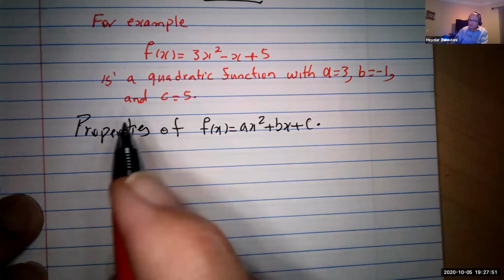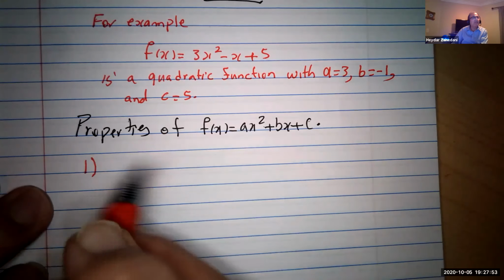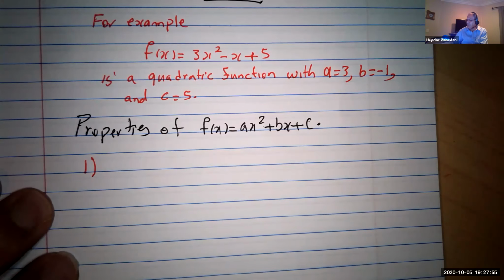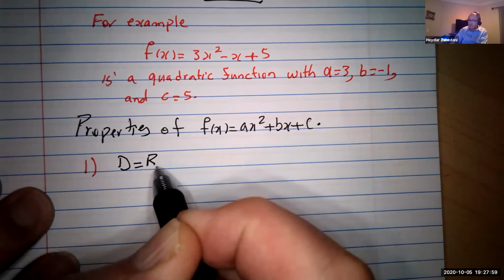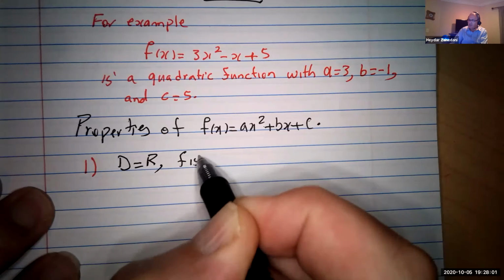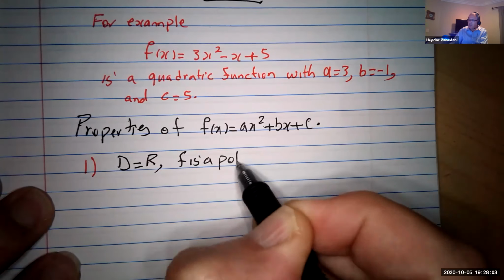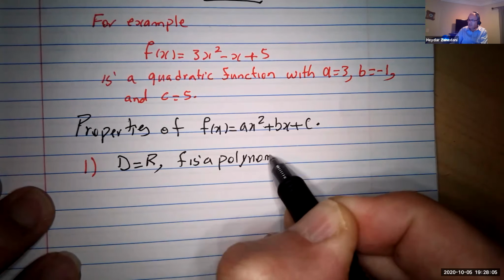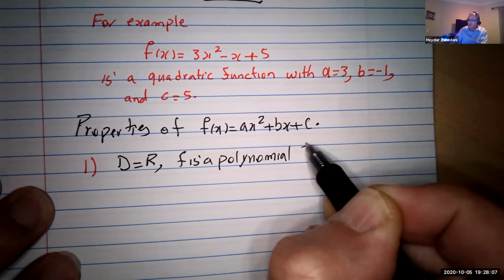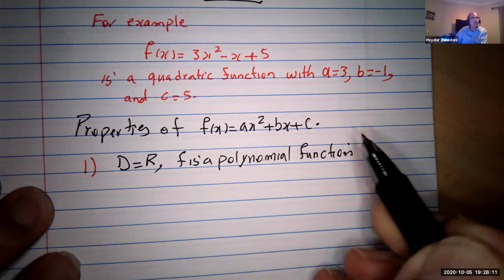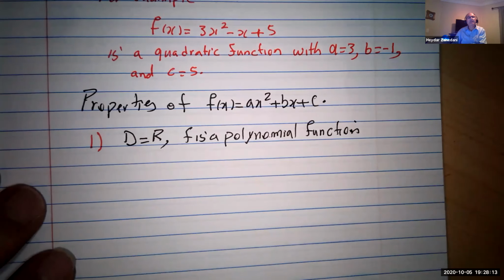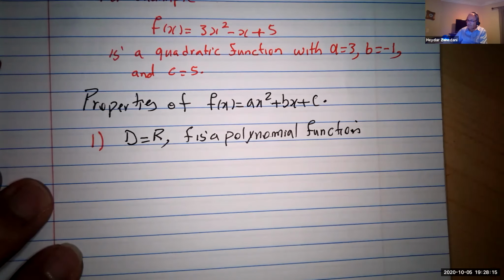The first property is the domain. We talk about it, so we know that the domain is R. F is a polynomial function. So the domain is all real numbers. For the range, we wait.